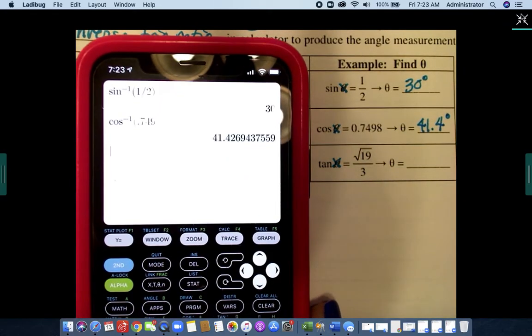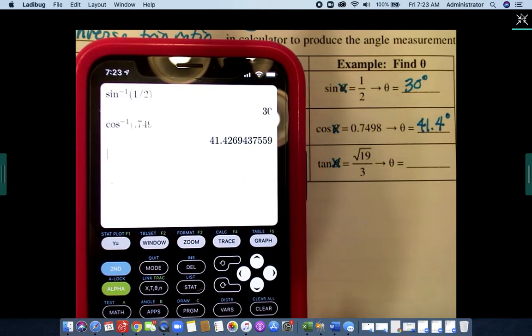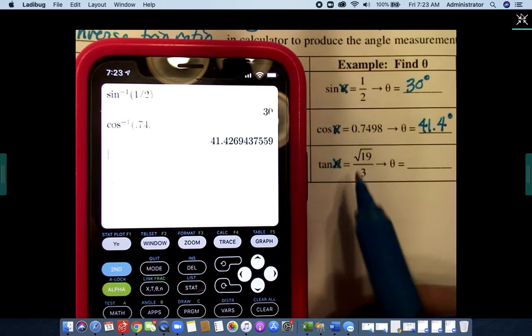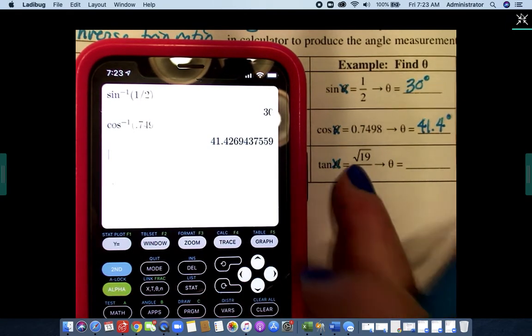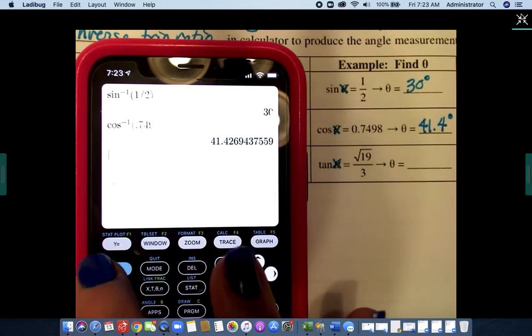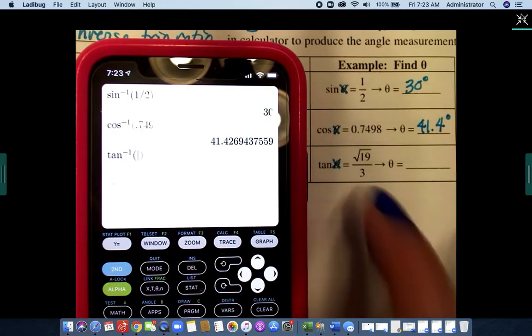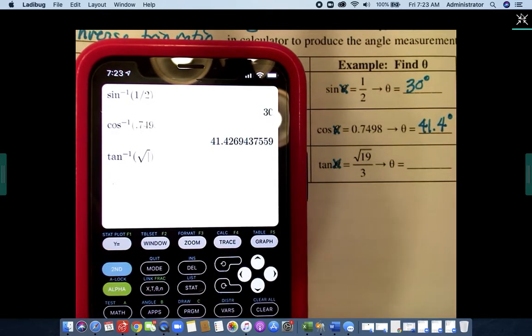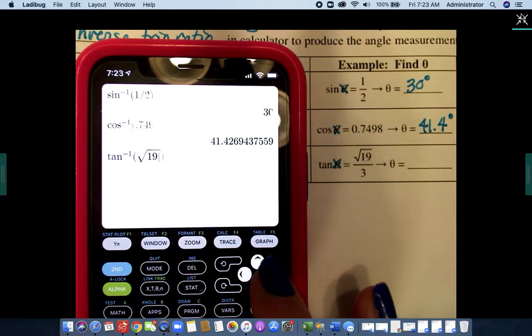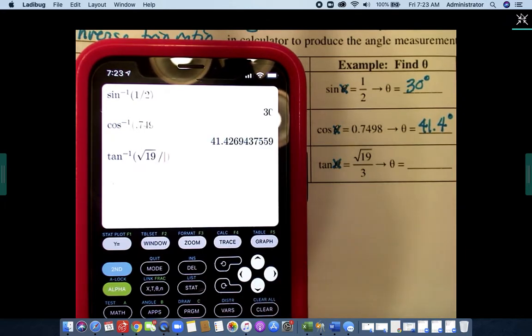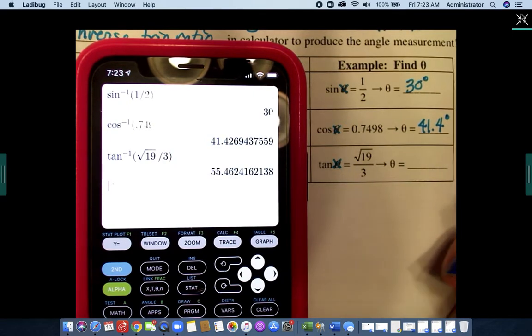Remember when we did the hypotenuse, or Pythagorean theorem, and sometimes we had radicals. So whatever that ratio is, it's opposite over adjacent. We're just going to hit second tangent of this ratio. Square root 19. Then I'm going to get out of the radical and hit divided by 3. And that would be about 55.5 degrees.